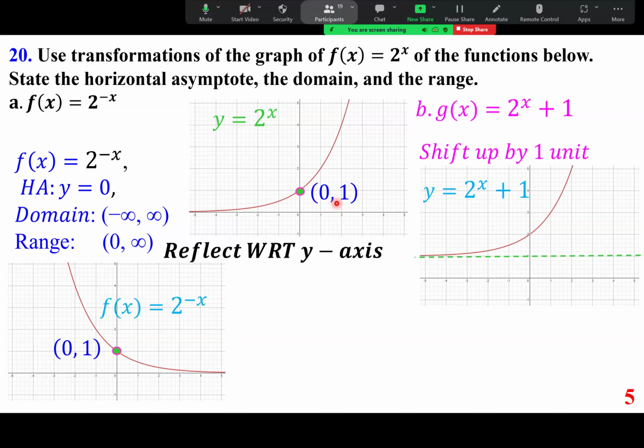The y-intercept of 0, 1 has changed to 0, 2. So what's the effect? Domain is all real numbers. However, the range is from 1 to infinity, and the horizontal asymptote is y equals 1.